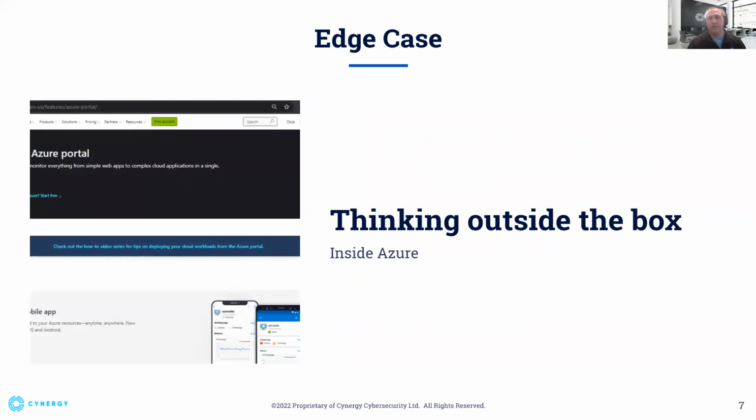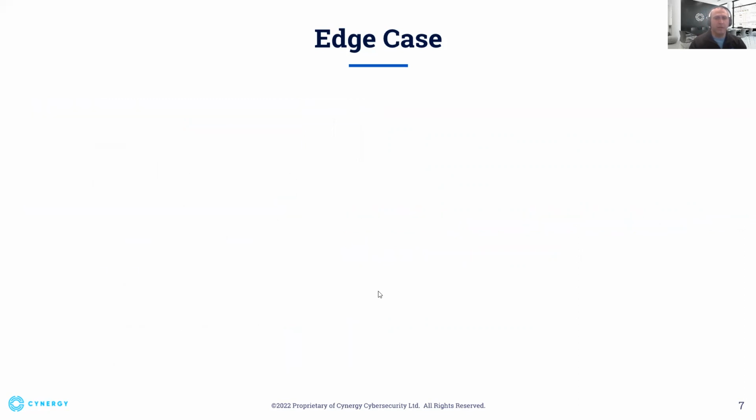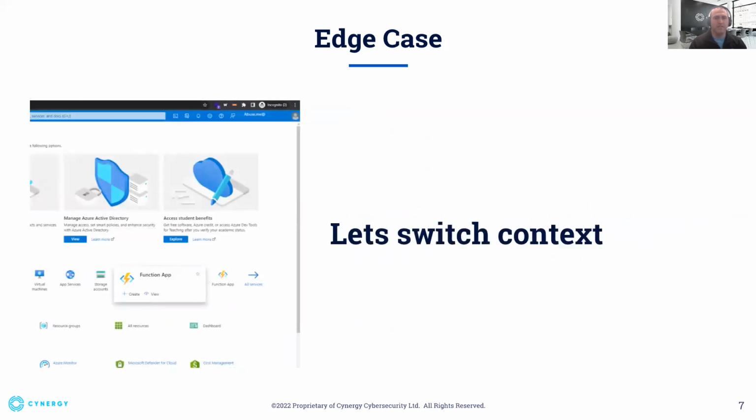So I started thinking outside the box, and something that is common to Microsoft users is that every Microsoft user has access to the Azure portal. It's by default, so everyone can try to log into Azure and play with some stuff inside Azure.